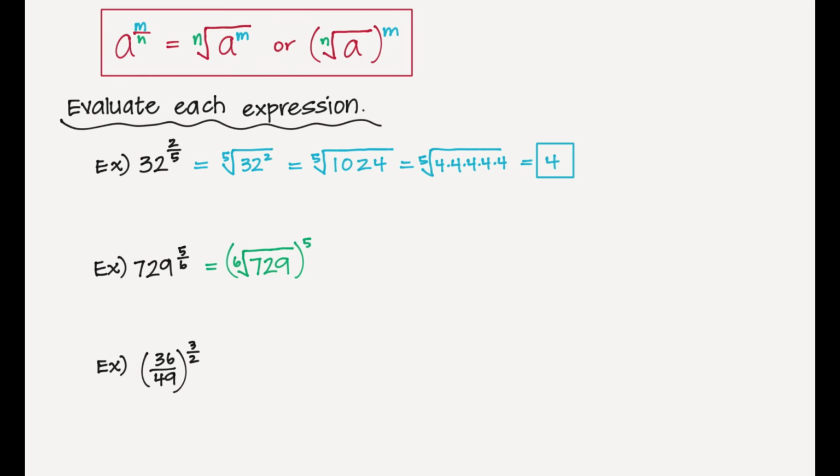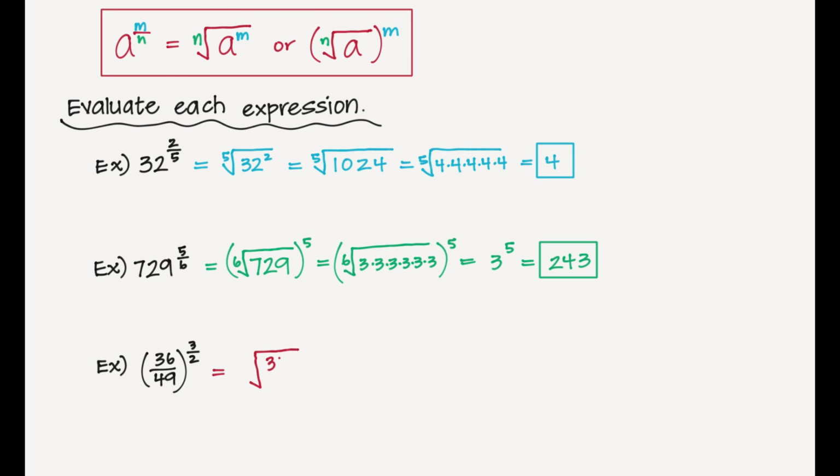So 729 is the same as 9 times 9 times 9, which is 3 times 3 times 3 times 3 times 3 times 3. And the 6th root of that is just 3. And 3 to the 5th power now is what we need to finish to find our final answer, which is 243.